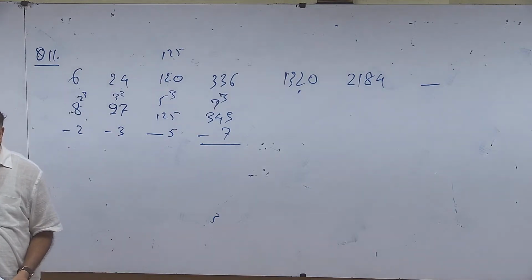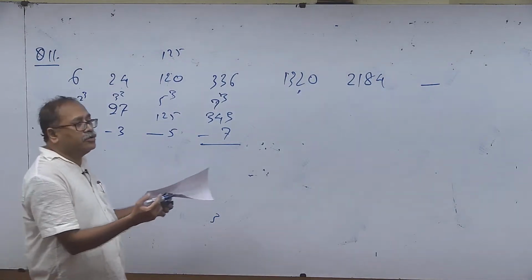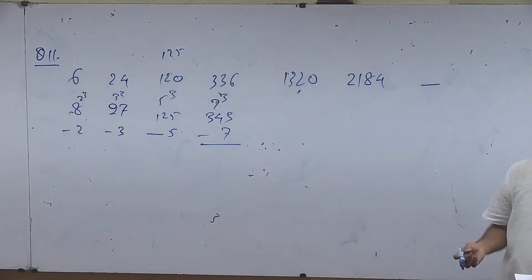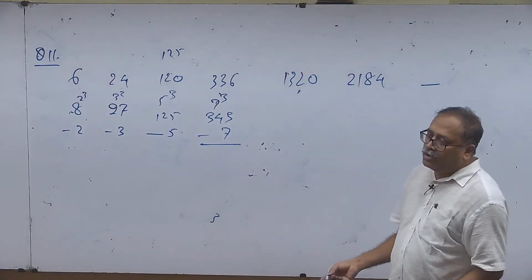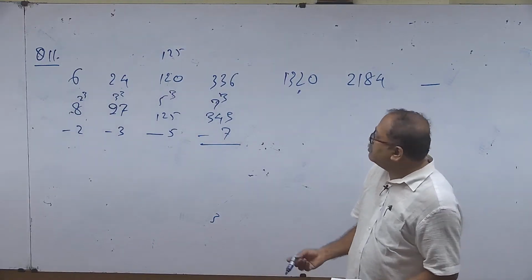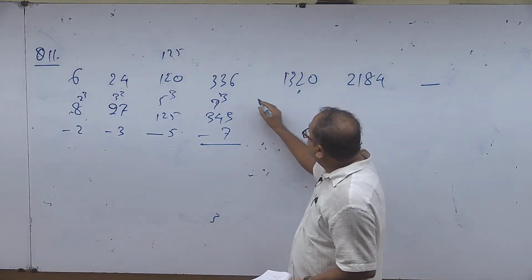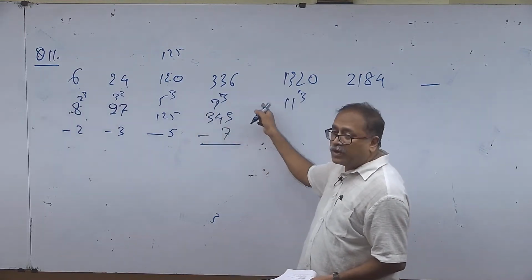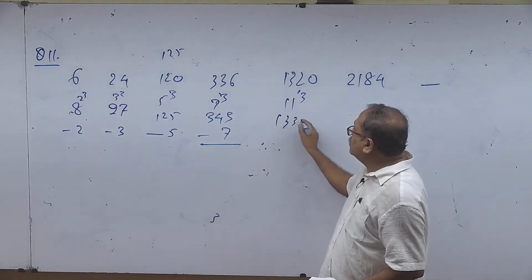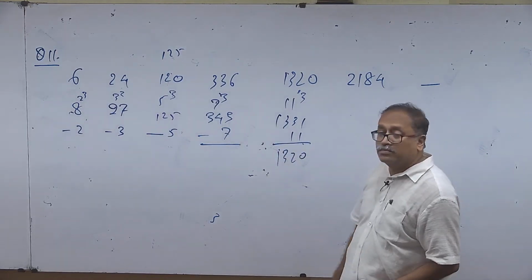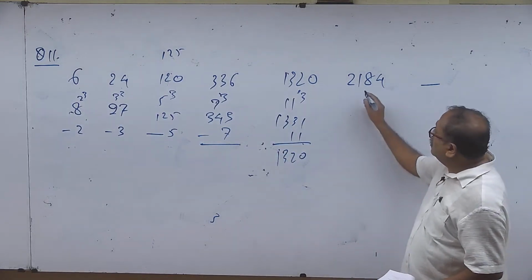Okay? Because questions like this do not have a laid down logic. So you just have to connect the numbers with your known understanding about the numbers, their squares, cubes, multiplication and all. So I notice that this is 11 cube after 7. The next prime number is 11, which is 1331 minus 11, that's 1320. Now what about here?